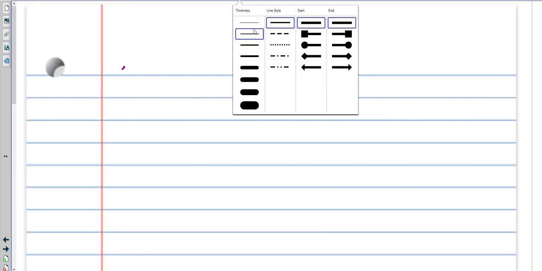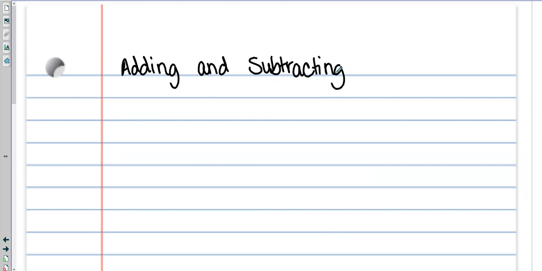Okay, I'm going to show you how to add and subtract polynomials. So this part, we're going to call it adding and subtracting polynomials. Okay, so we're going to continue.